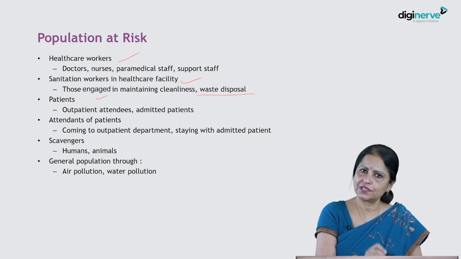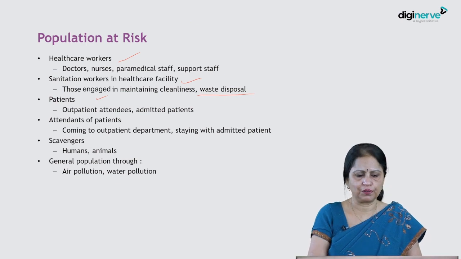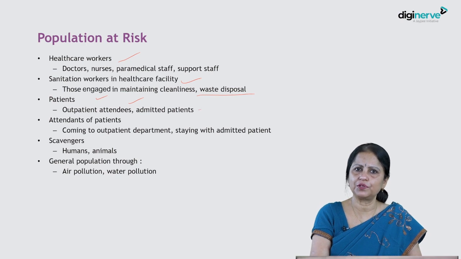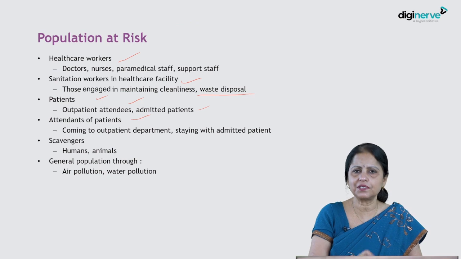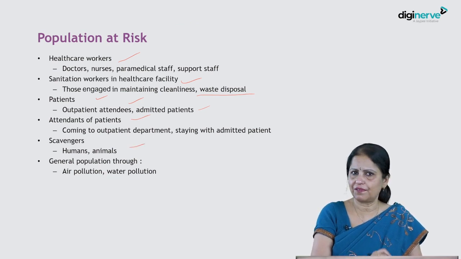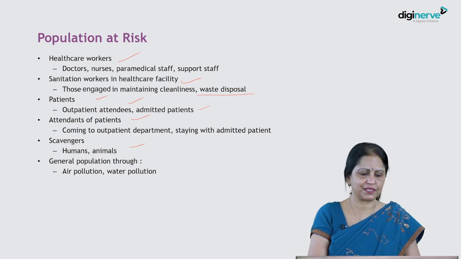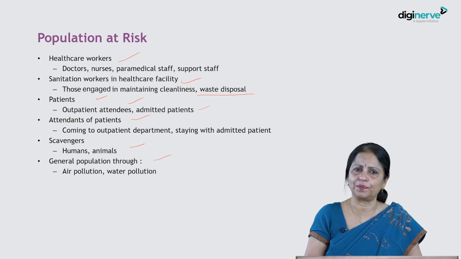Other than that, patients are also at high risk of developing diseases through hospital wastes. And that can be through outpatient department, through indoor admission, those who are admitted. And along with the patients, the attendants of the patients are also at risk. The scavengers, I have already talked about them, they are at risk. And the general population is also at risk through air pollution, water pollution, etc.